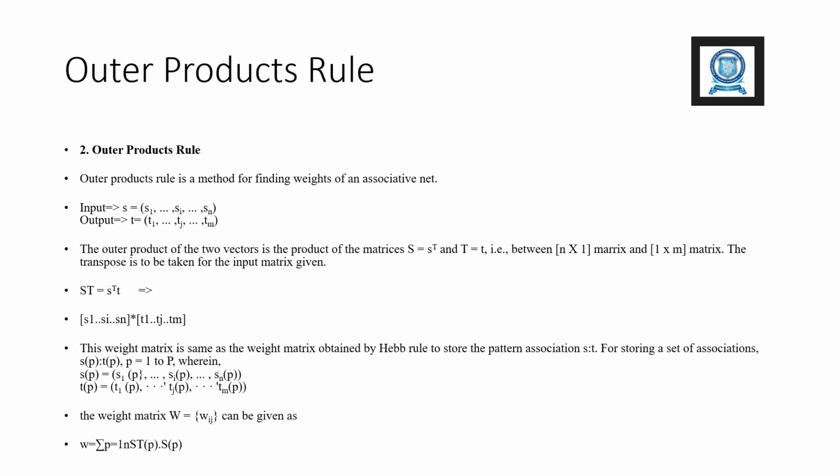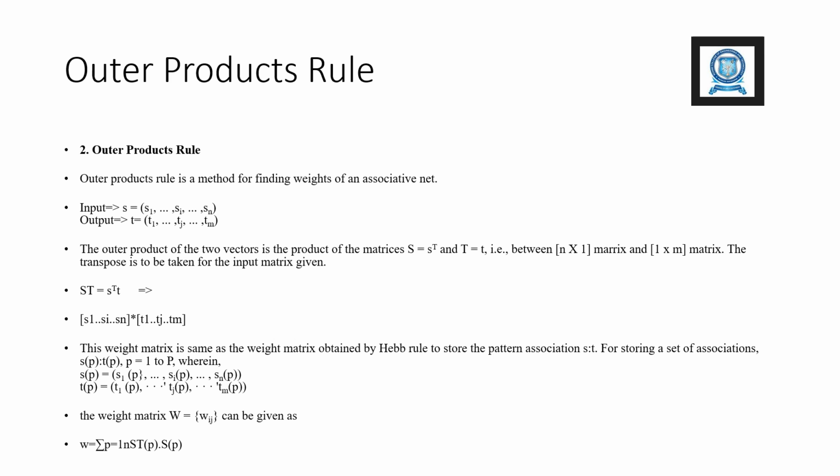Second rule, outer products rule. Outer products rule is a method for finding weights of an associative net. Here input is denoted as S and output is denoted as T. The outer product of two vectors is the product of the matrices S equal to S transpose and T equal to T, that is, between an n by 1 matrix and a 1 by m matrix.